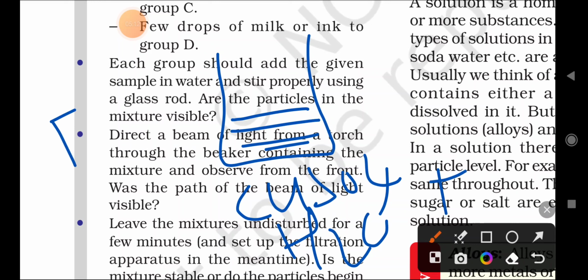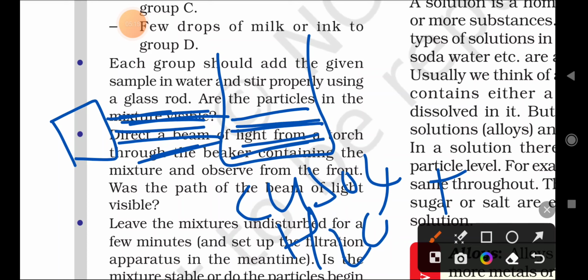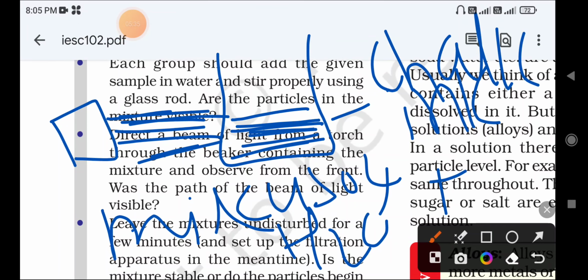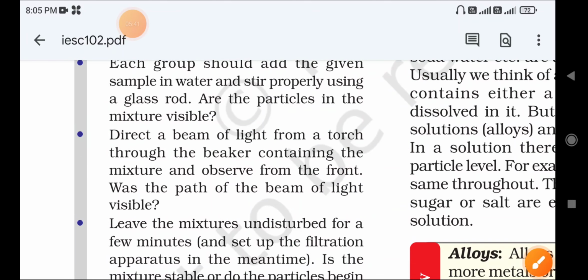While passing the torchlight, we can observe the passing of the light. In the second case, remove the copper sulfate and add milk or ink, or chalk powder, and see whether we can see the path of the beam of light.